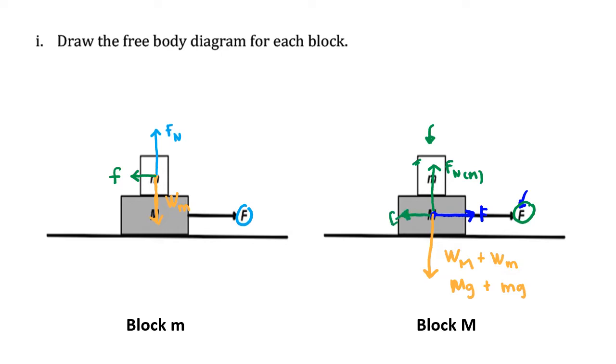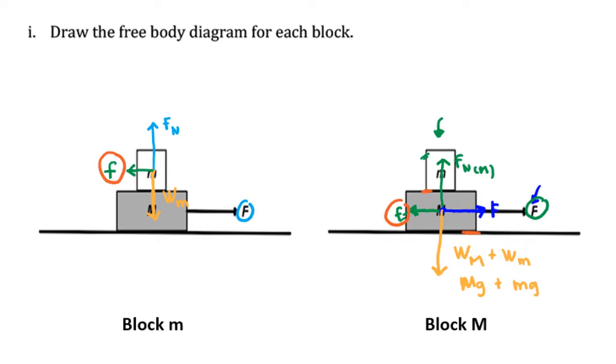So that is friction right there, and this friction is actually the same as this friction. So again, this friction here is not due to the ground here, but due to the fact that a smaller block and bigger block are in contact with each other. So their surfaces are in contact, which would bring about friction.